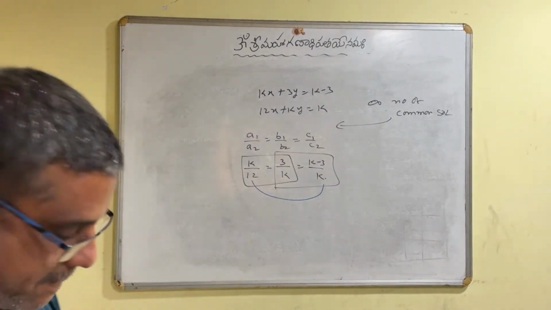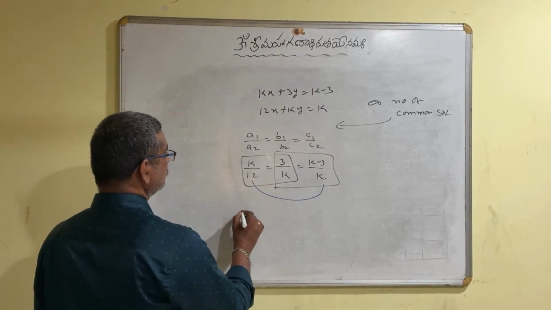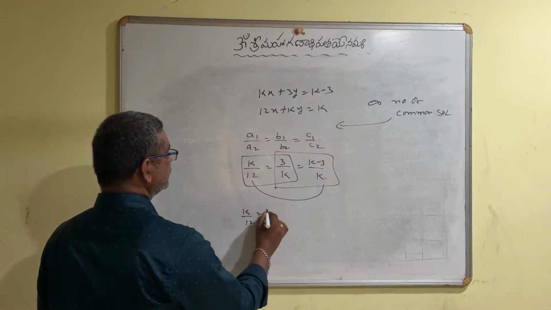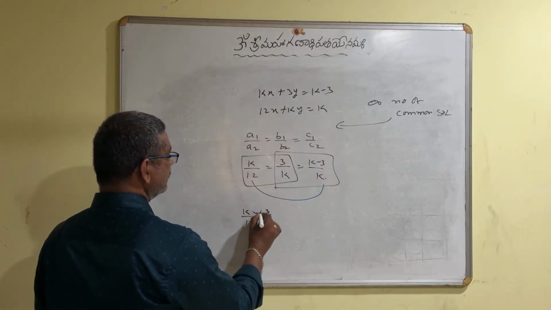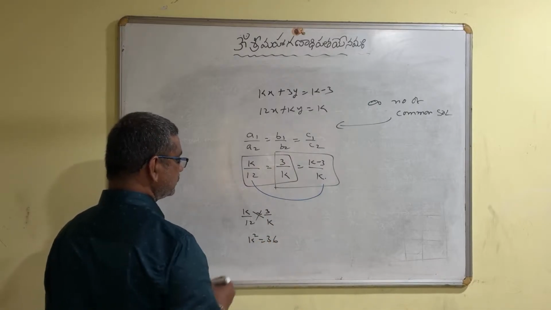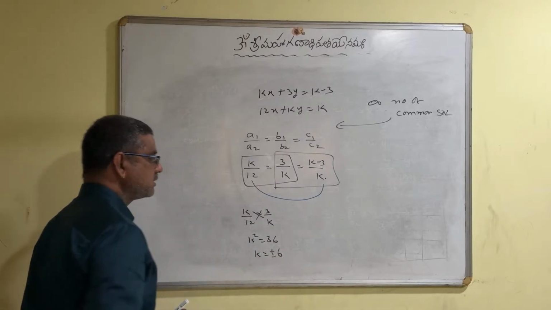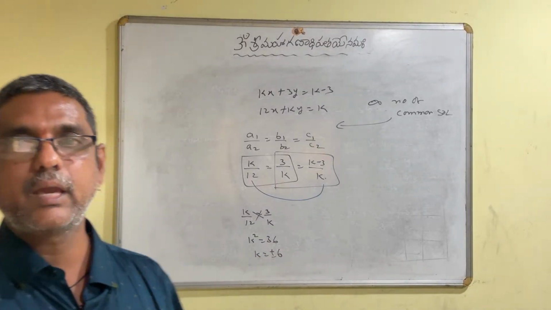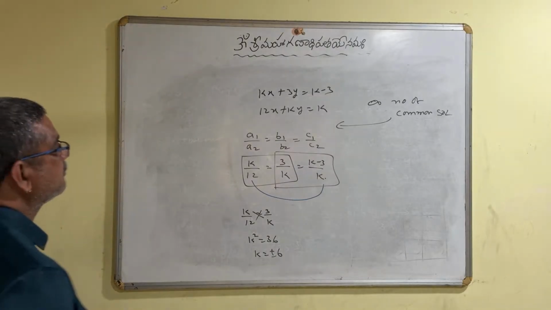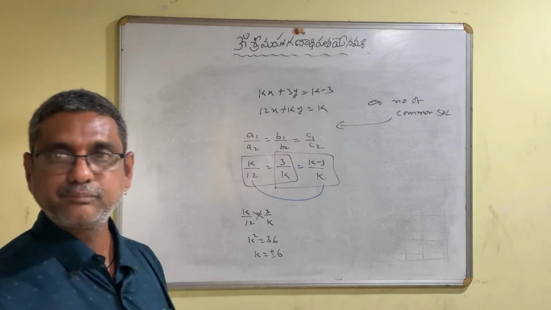I am considering the first two. k by 12 is equal to 3 by k. Do cross multiply. k square is equal to 36. k is equal to plus or minus 6. Okay?